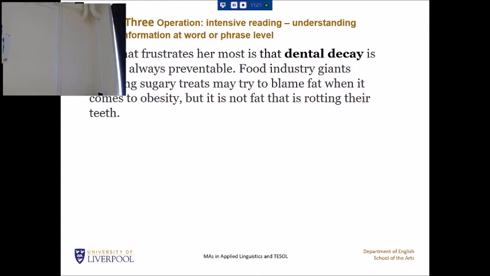There's a link between preventable and advertising and food industry. You need to make a link between preventable and peddling and food industry. Probably with the word if.